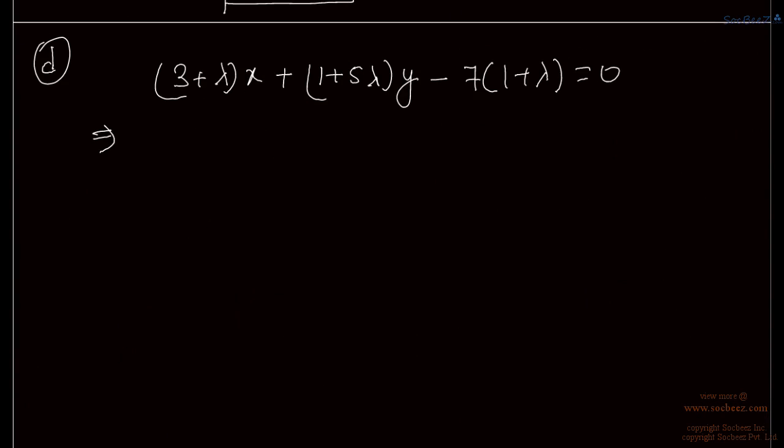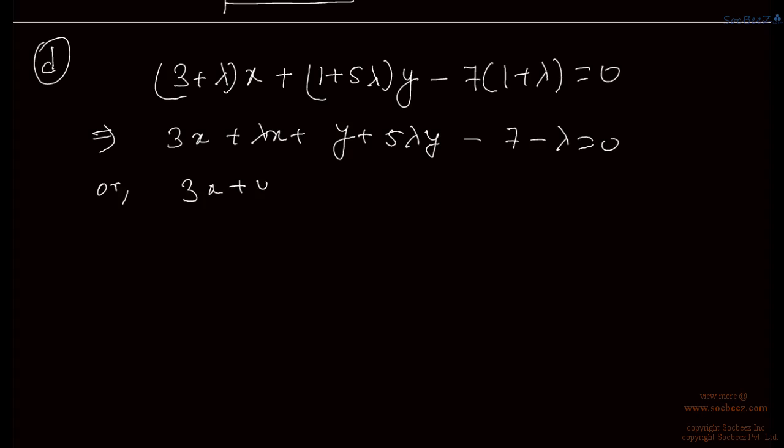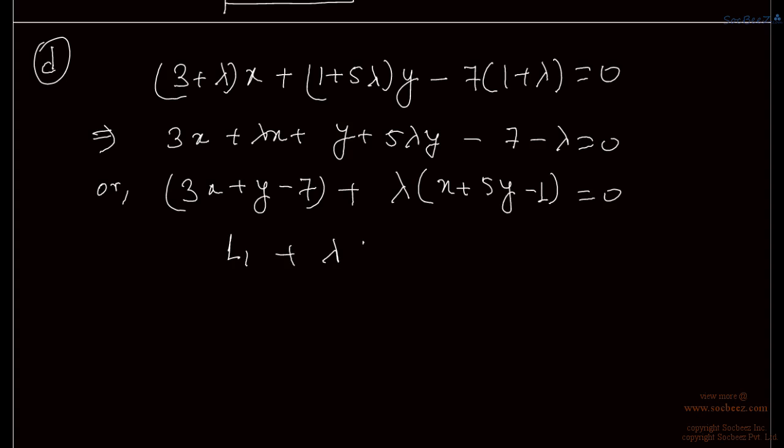Expressing this in a different form: 3x plus lambda x plus y plus 5 lambda y minus 7 minus 7 lambda equal to 0, or (3x plus y minus 7) plus lambda (x plus 5y minus 1) equal to 0. So we have the equation in the form L1 plus lambda L2 equal to 0.